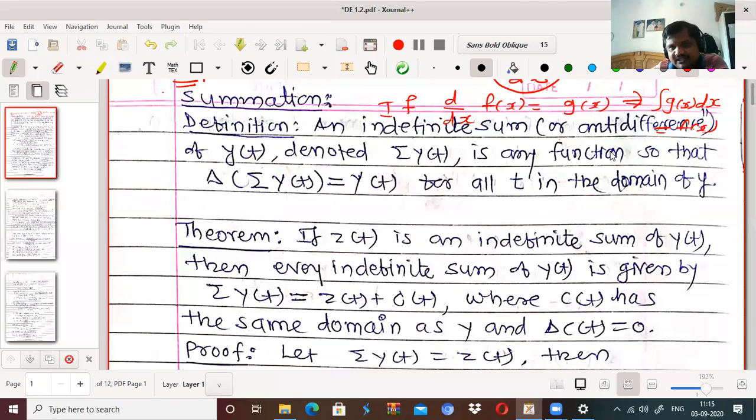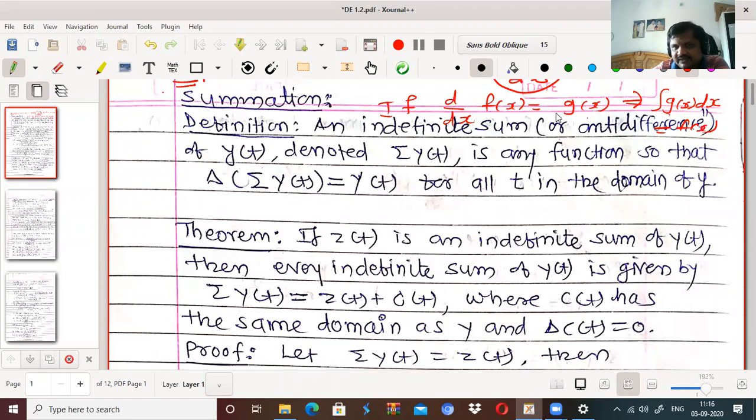This is the concept of integral, right? If d by dx of f of x equal to g of x, then the integral of g of x will become f of x with respect to x.